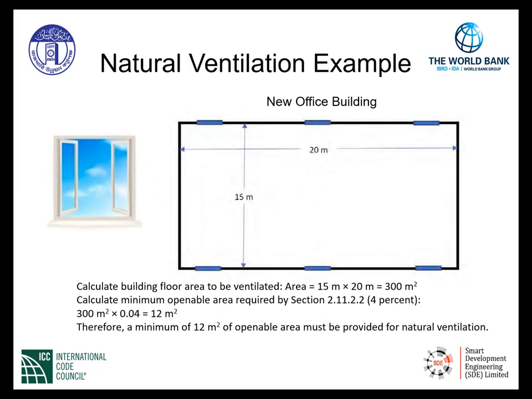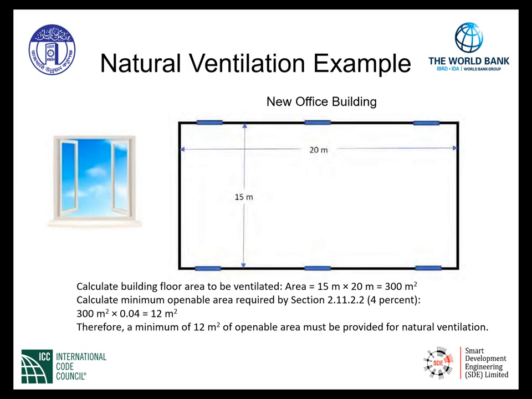We need to calculate the building floor area to be ventilated. That's our first step. So the simple calculation of area of the building is 15 meter by 20 meter, which gives us 300 square meters. We need to calculate the minimum openable area required by the section, indicating 4% of the area to be openable to the outdoors.